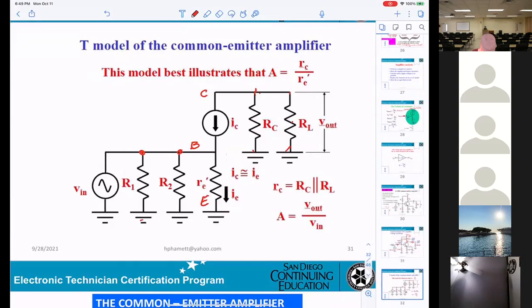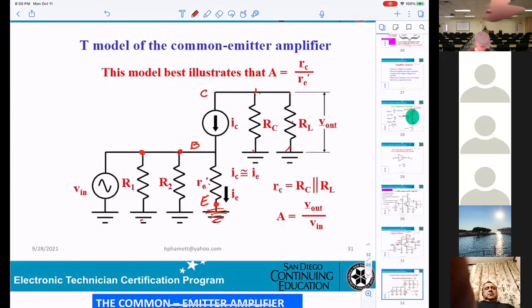From the base to the emitter, you get resistance r'e, and this resistance equals 25 millivolts divided by IE. So now you can see the emitter is grounded. That's why they call it common emitter. That means in the AC, the emitter will be grounded.